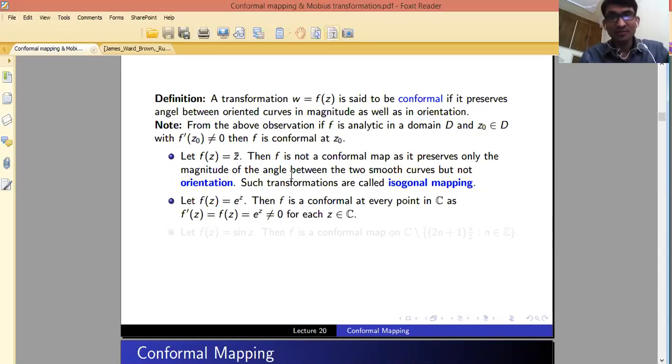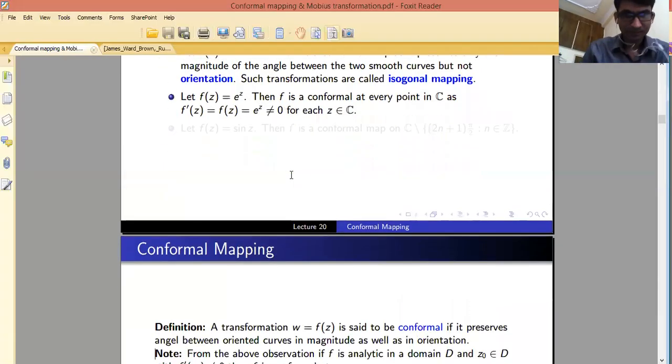Then f is conformal at every point in C, as f dash z equals f(z), which equals e to the power z. क्योंकि ये जो है एंटायर होता है, तो जो एंटायर होगा वो तो कंफर्म है कि कॉन्फॉर्मल होगा. जेड बार की बात यदि मैं करूं तो एक्स माइनस आयोटा वाई, जब कंपेयर करूंगा तो यू एक्स इक्वल टू वी वाई नहीं होगा, यानी सी आर इक्वेशन को सेटिस्फाई नहीं करेगी, इसलिए ये कन्फर्मल भी नहीं होगा.